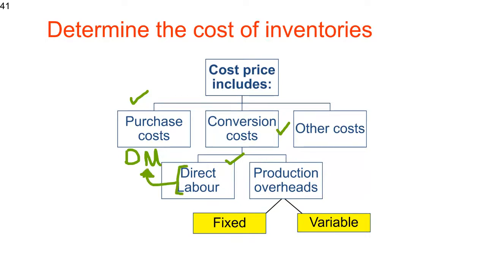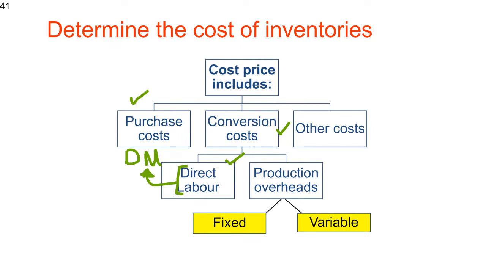So we don't really need to worry about a method of allocation, because it's so easy to allocate the direct labor into the cost of inventory. We're not worried about that too much. There's going to be a direct relationship. We're going to know exactly how to allocate it in our tests and exams.